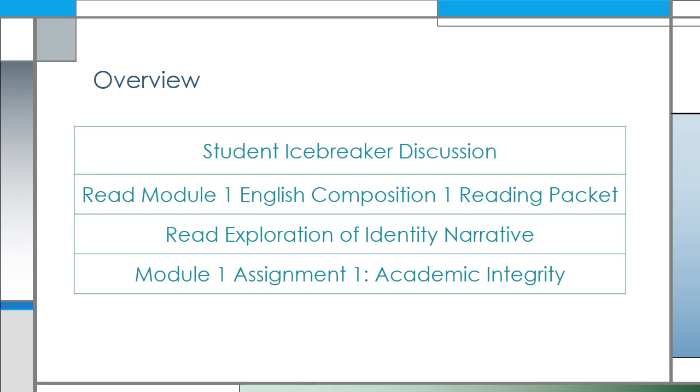That one will talk to you both about narrative as a genre and about some different concerns in writing, like pre-writing, the idea of writing as a process, and how to write strong introductions and conclusions. Finally, you'll be looking at Module 1, Assignment 1, which is Academic Integrity. So let's walk through the 2 deliverables, the discussion and the first assignment.